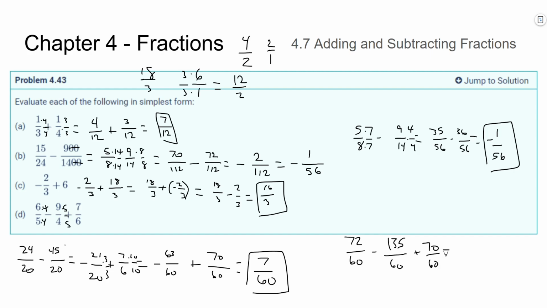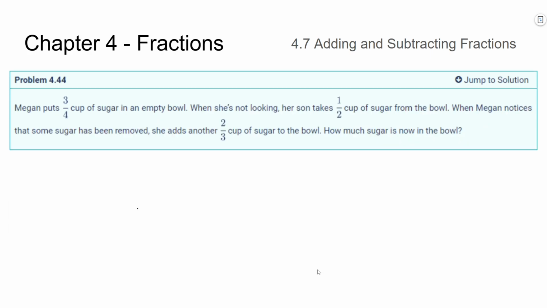So that's what our problem would have become if we just found a common multiple of all 3 to begin with. And then 72 plus 70 is going to be 142 minus the 135. Yeah, 142 minus 135 would be 7 over 60. So we get the same answer.